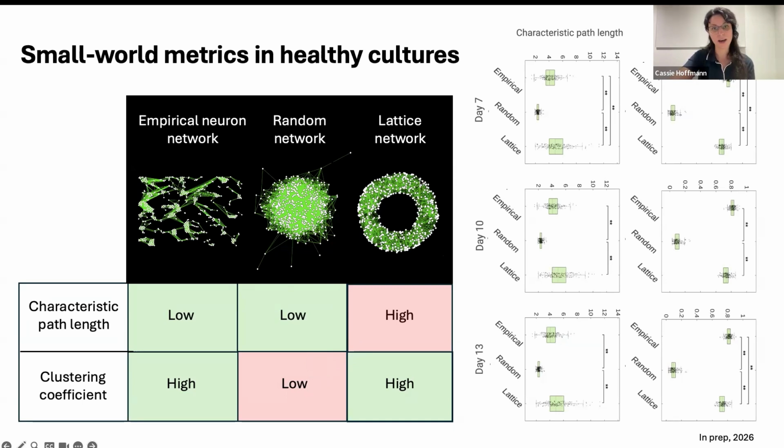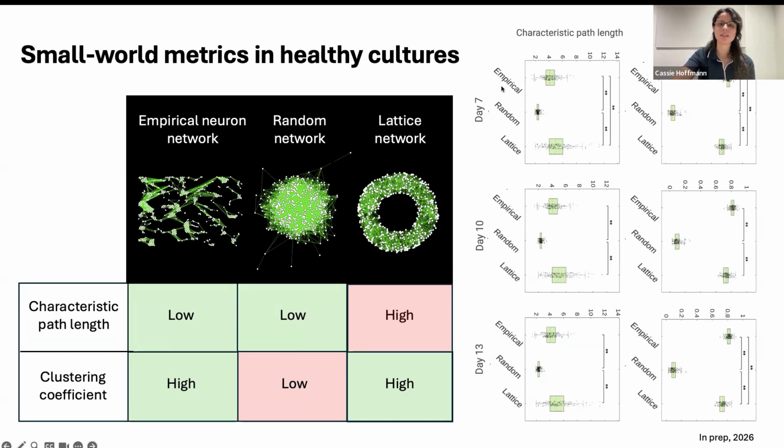Lattice networks are biased towards short-range connections, so the clustering coefficient would be very high. But the characteristic path length is also high, because we don't have those shortcuts. So if our empirical neuron network is small-world, we would expect it to have a low characteristic path length and a high clustering coefficient.